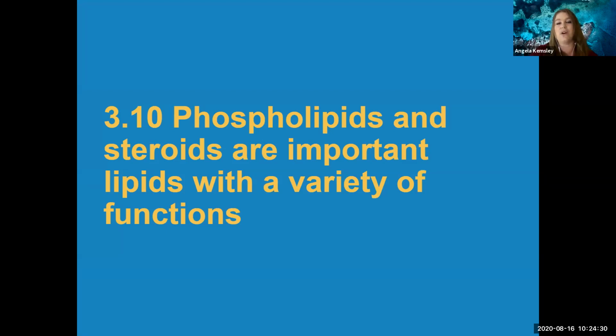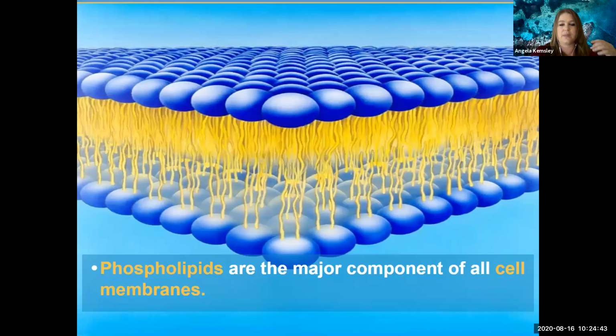Let's move on now to a different type of lipid called a phospholipid. Phospholipids, and also steroids, that third type of lipid, are important lipids with a variety of functions. Phospholipids are very important because they're the major components of cell membranes.